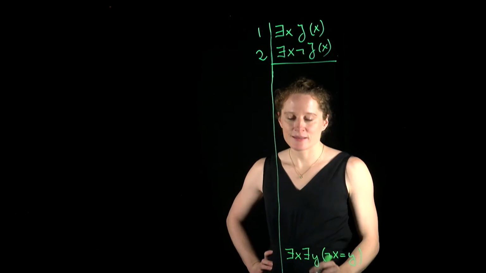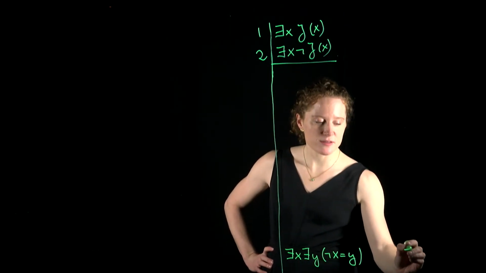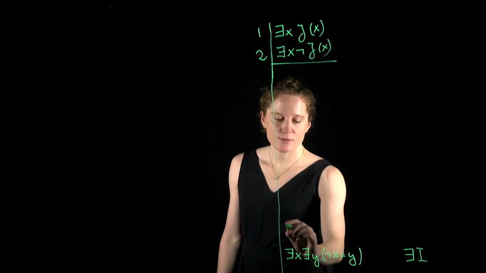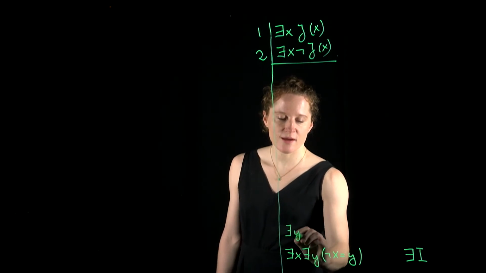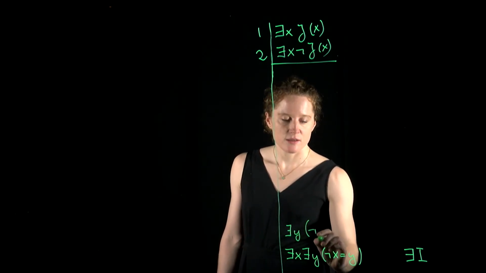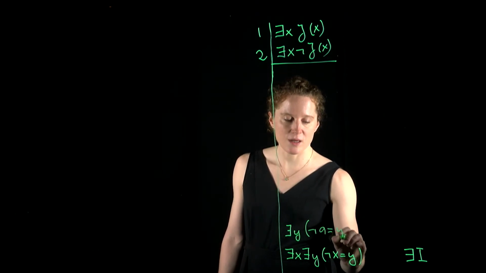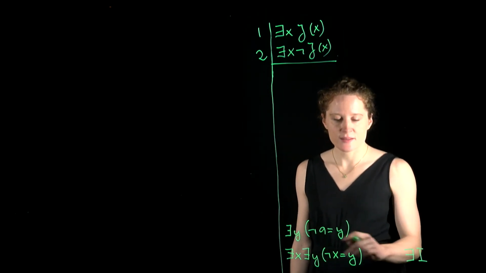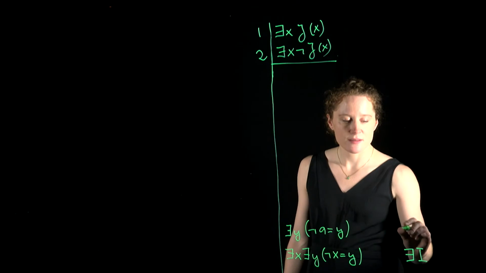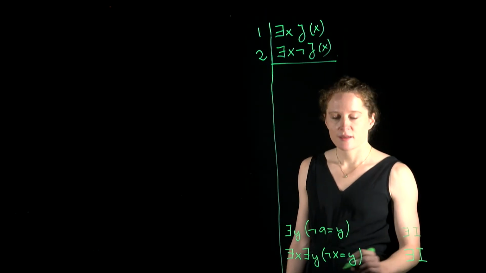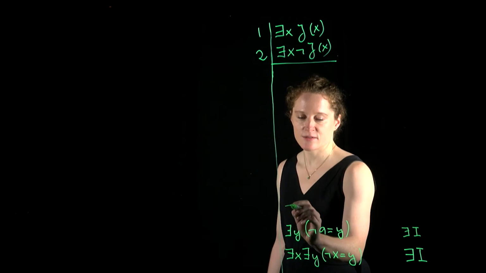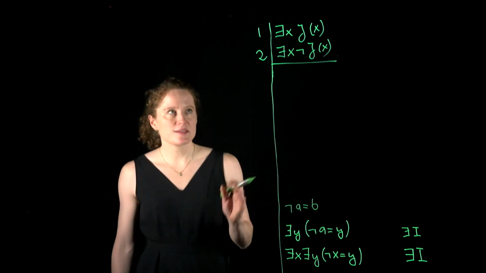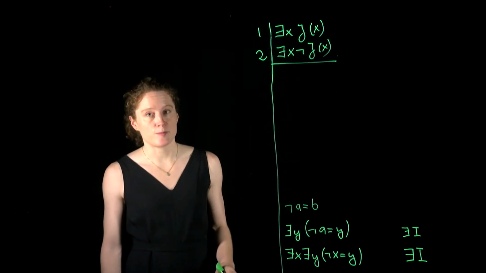Now, backward planning suggests that I should infer this conclusion using existential introduction, meaning that I would need to prove a sentence of the form there is a y such that not a equals y. And applying backward planning once again suggests that I then should prove this sentence using existential introduction, which would require me to prove a sentence of the form it's not the case that a equals b. So this is the proof setup suggested by backward planning.